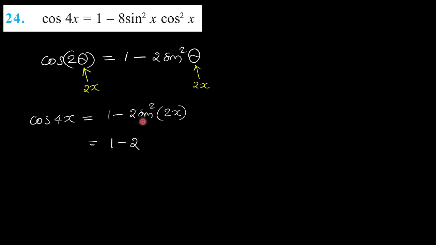What is the meaning of sine square 2x? Sine square 2x means sine of 2x, all square. Actually sine square theta means sine theta the whole square, denoted as sine square theta. Understood? So please note it. So this is sine 2x the whole square.